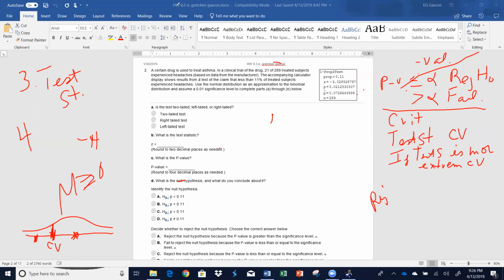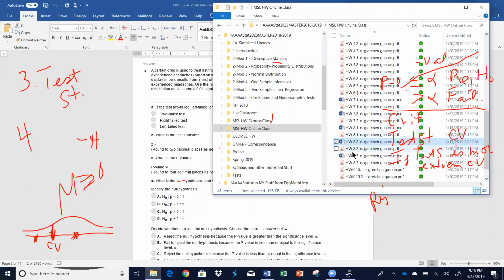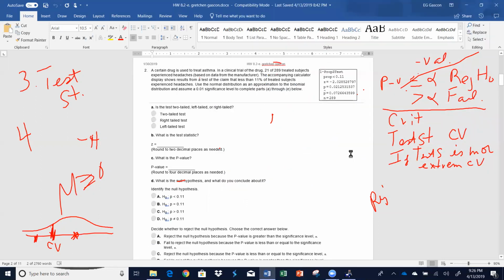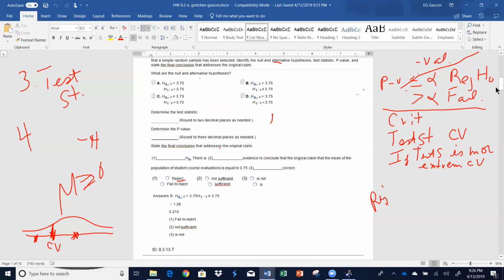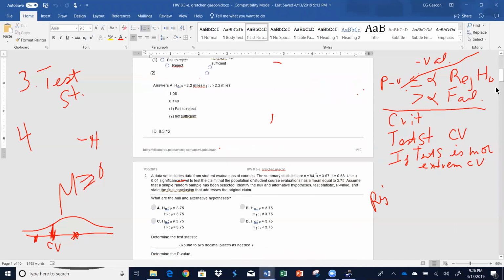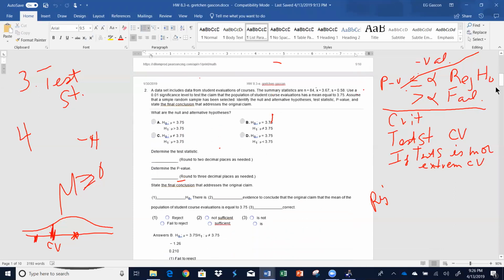Oh, it's A3 that I was looking at. Let me get A2. Okay, this is the one.